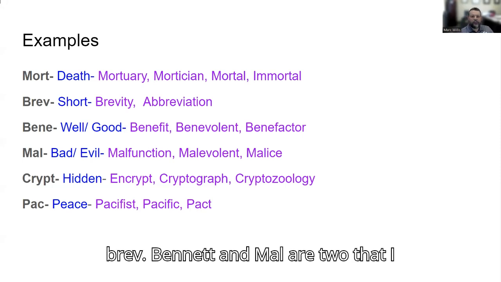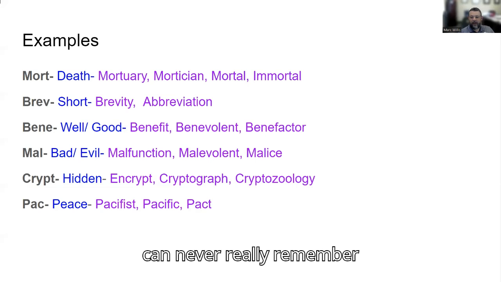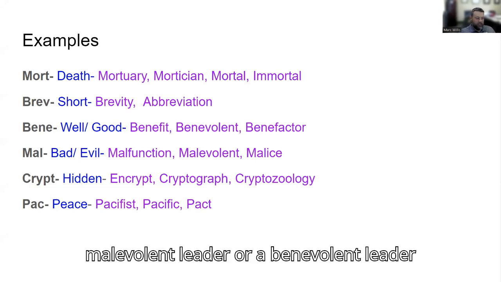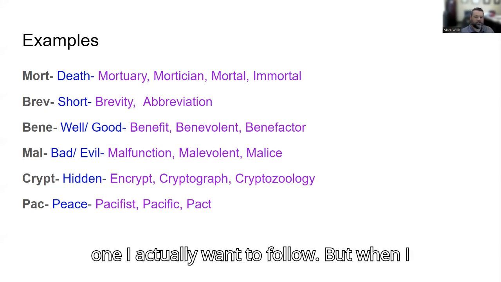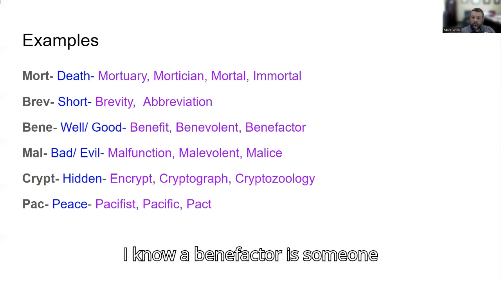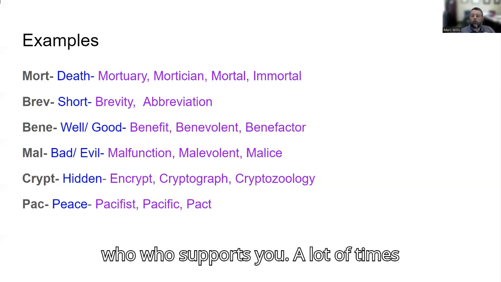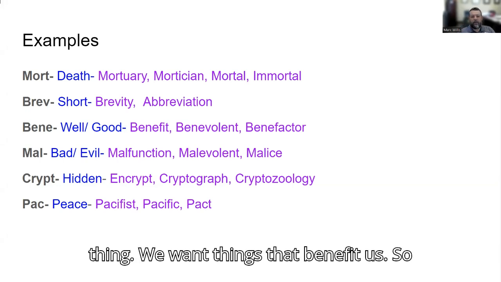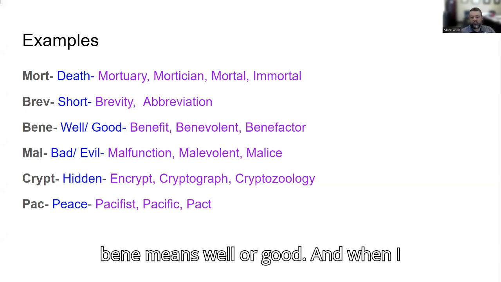Bene and mal are two that I can never really remember, because I read about a malevolent leader or a benevolent leader, and I can never remember which one is the one I actually want to follow. But when I think about other words that have that, I know a benefactor is someone who supports you, a lot of times financially. A benefit, certainly a good thing. We want things that benefit us. So bene means well or good.